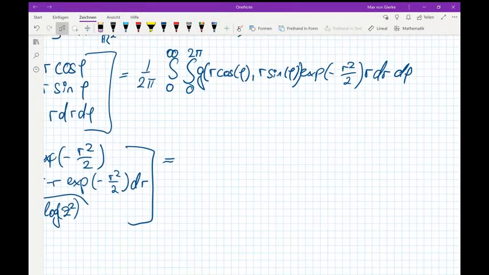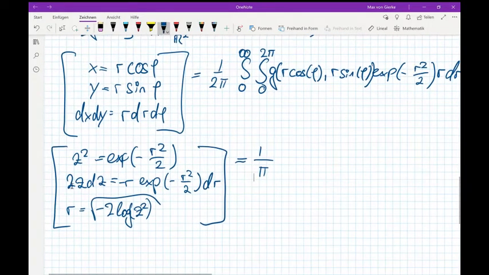So, well, what is this? With our substitution, it's 1 over pi. The 2 disappears because of this 2 here.